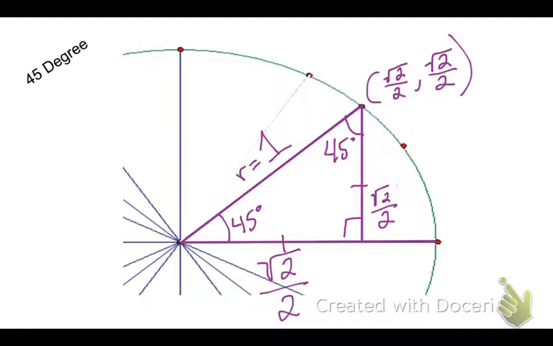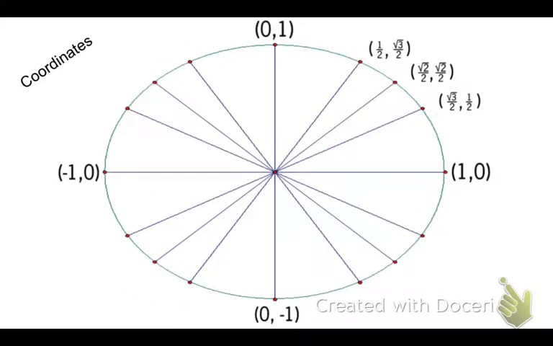Let's put it all together. I would like for you to notice a couple of different things. First and foremost, we've already pointed out that the 60-degree angle and the 30-degree angle, even though I circled them opposite each other, have the same numeric values.